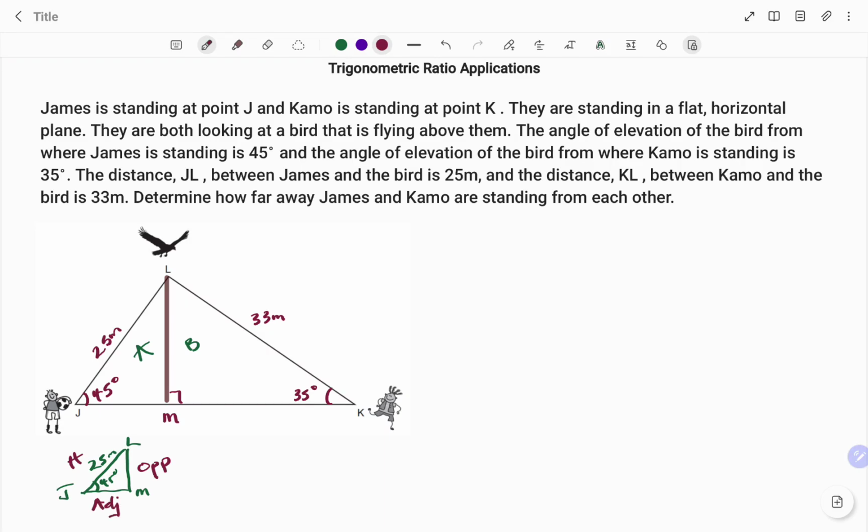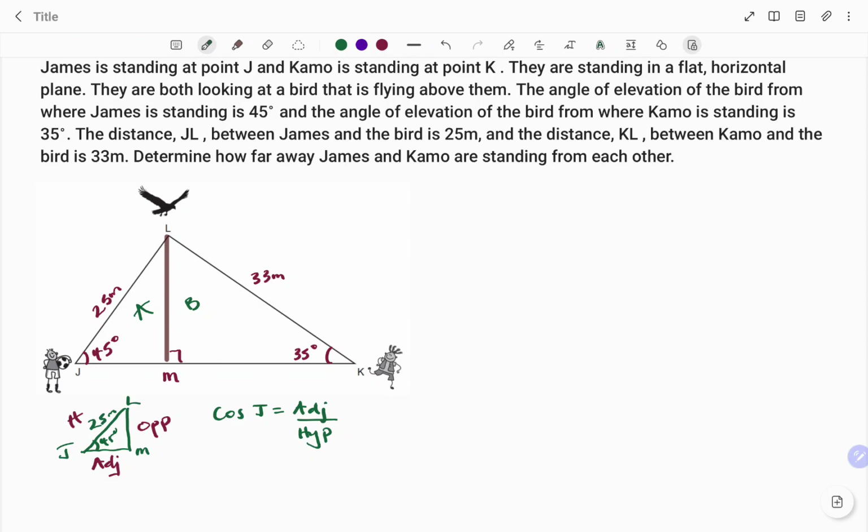So to find JM, I have cos of the angle given, cos J equals adjacent over hypotenuse. So cos of angle 45 degrees equals my adjacent, that's JM, the distance I'm looking for, over my hypotenuse, 25 meters, it's over 1.